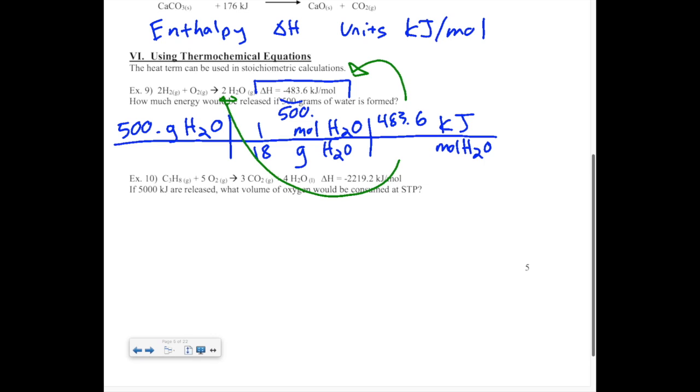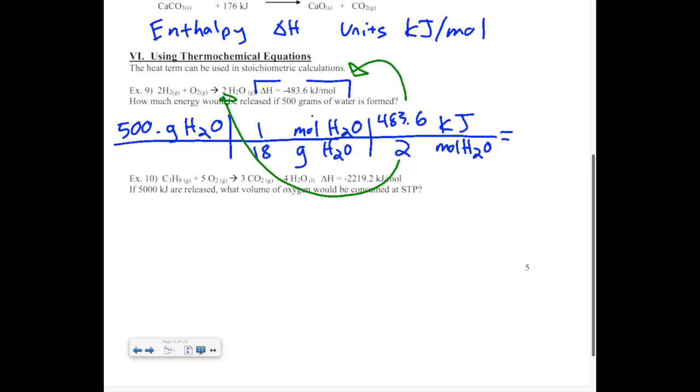You see the coefficient of water is going to be 2, okay? So I'm actually going to put a 2 right here. All right, that's the easiest way to show that. And when I do my calculation, I'm going to do 500 times 1 times 483.6, divided by 18 divided by 2.